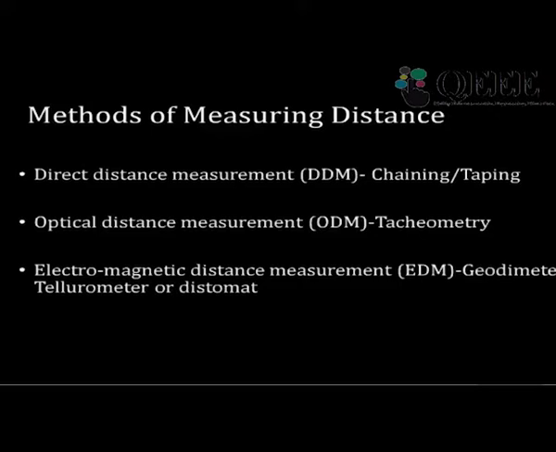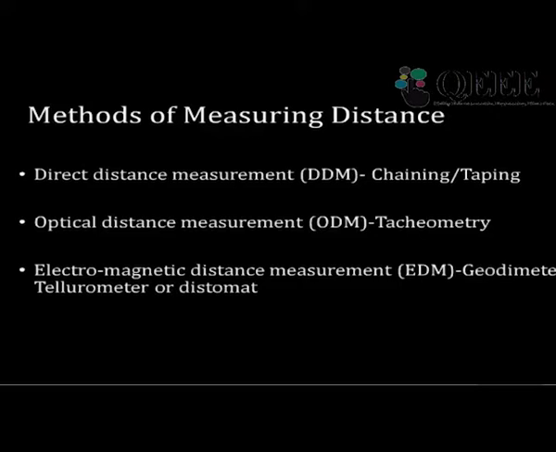The students who have already undergone the engineering surveying course know what is meant by a tachyometer. A tachyometer can be used to find the distance between two locations using the principles of optics. So there is no direct measurement involved. You have indirect measurements. You will be measuring the angles and the height of the particular location, and based on that you will deduce the horizontal distance between the two locations.